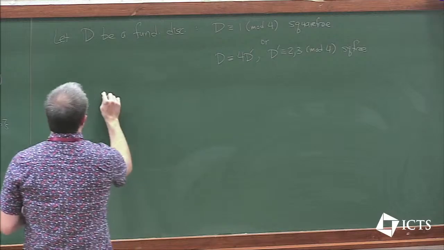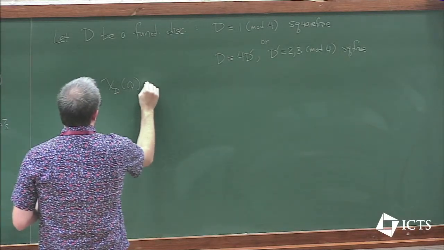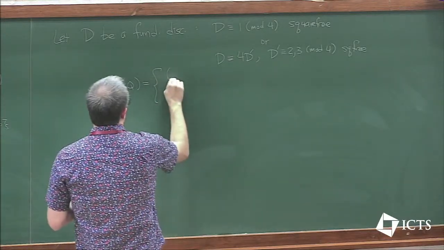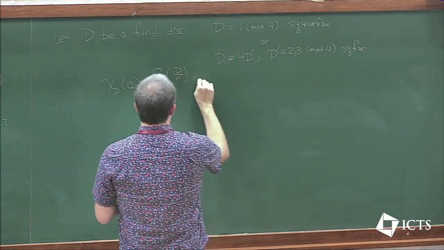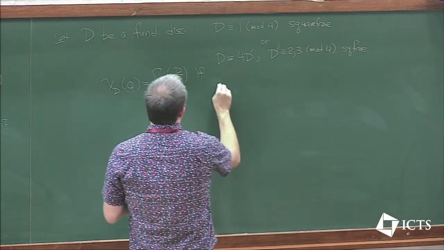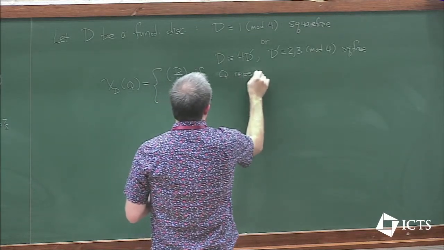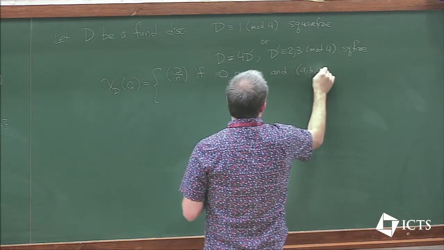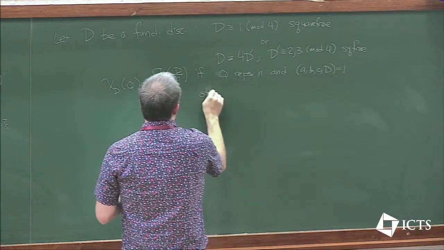Okay, so then there's this character, which has shown up before, chi_D of Q. I believe we've seen a definition of this, but I'll say it again. It's (D on N), the Legendre symbol, if Q represents N and the GCD of A, B, C, and D is equal to 1, and it's 0 otherwise.